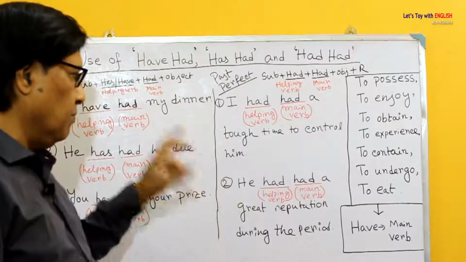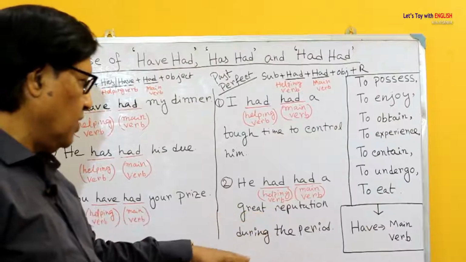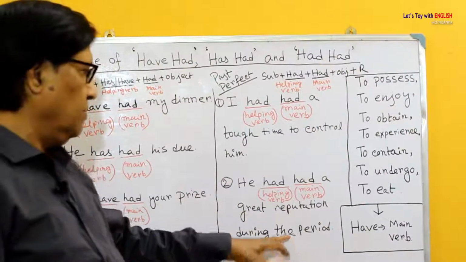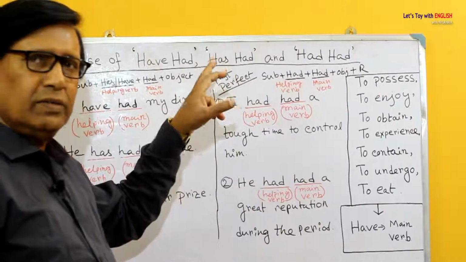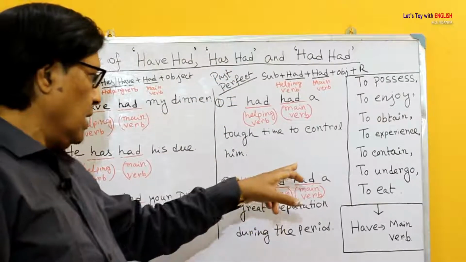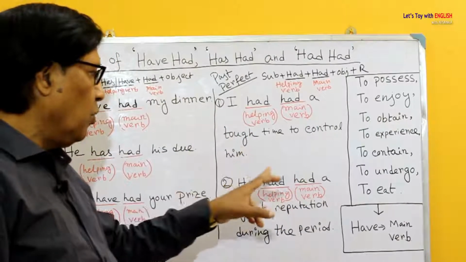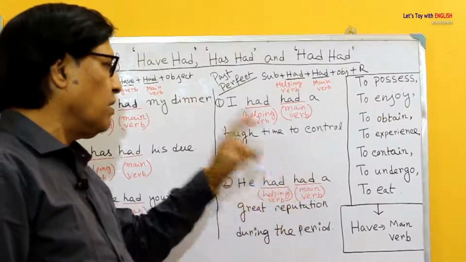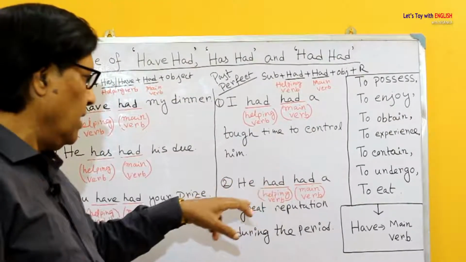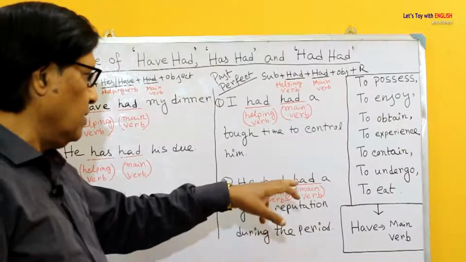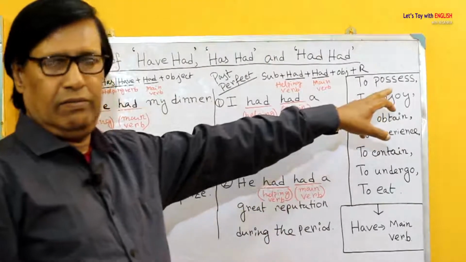Now the second example, he had had a great reputation during the period. As usual, this had denotes the time, and this had the work itself. And what does this had mean here? He had had a great reputation during this period. Here this had means he had enjoyed.